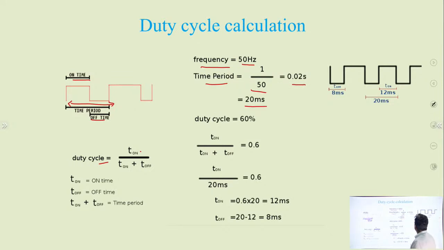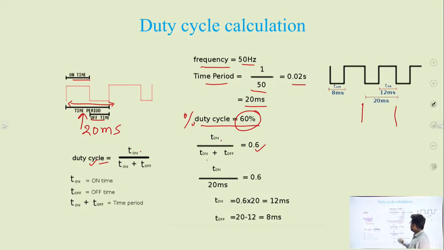So this is the total time period, T on plus T off, 20 millisecond or 0.02 second. Here we take the duty cycle for the circuit as 60%, that is, we put the duty cycle as 0.6.